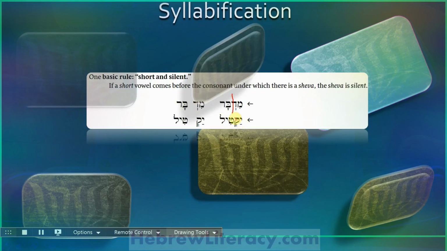He causes to kill. Here we have a schwa preceded by a short vowel, so the syllable splits right after it. So the schwa is silent, yaktil. Notice it's not yaketil. This is not midibbar, but it's midbar, yaktil. Those are our two syllables. They split down the middle there.